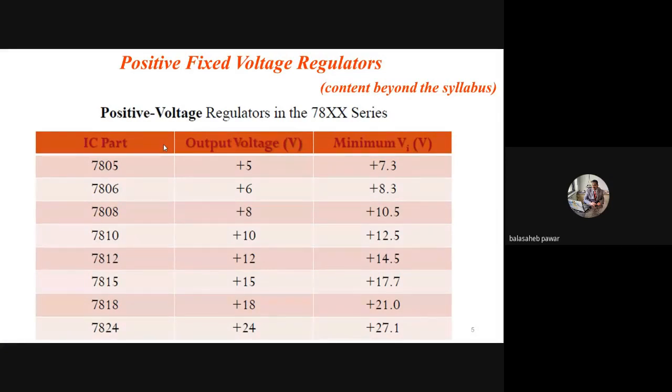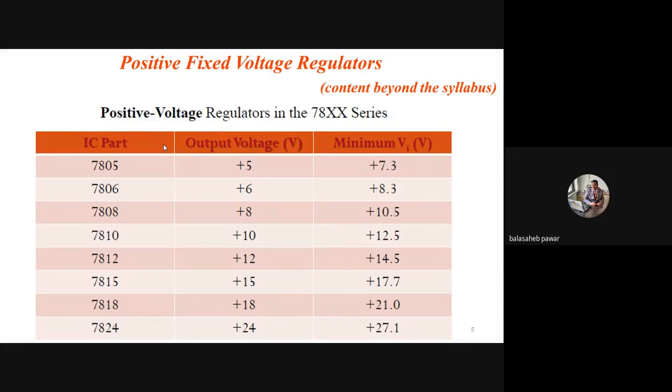So looking towards these two figures, what did you understand? Just compare the obtained output regulated voltage and the required input voltage for any one. Looking towards this table, for any one IC, I took the example of the first, that is 7805. As I know, the output obtained will be plus 5 volts, but what about its input? I asked the question, if the input is 0 volts, can we obtain the output as 5? Your answer should be no. Then how much should be the input?